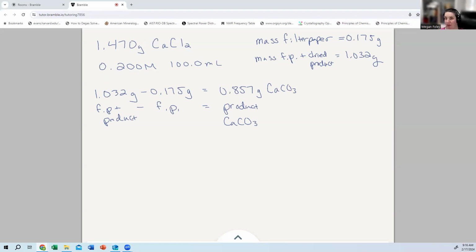If we want to go from grams of CaCO3 to moles of CaCO3, we need to divide by the molar mass. Calcium has a mass of 40.078, carbon has a mass of 12.011, and oxygen has a mass of 15.999. When we add those together, multiplying by 3 for our oxygen, we get a mass of 100.089 grams per mole. So we're going to take the mass of our product and divide it by our molar mass.